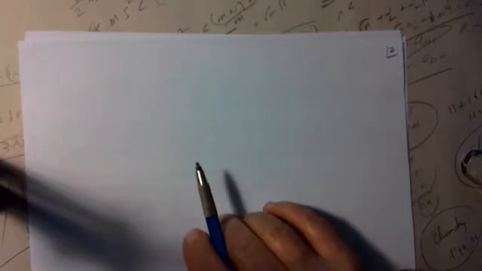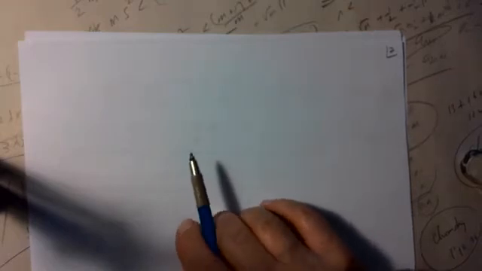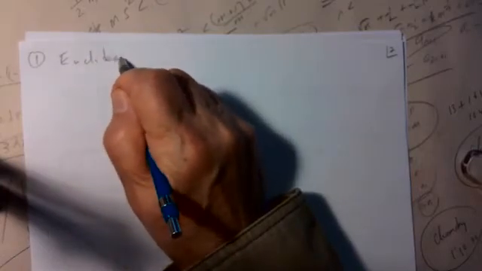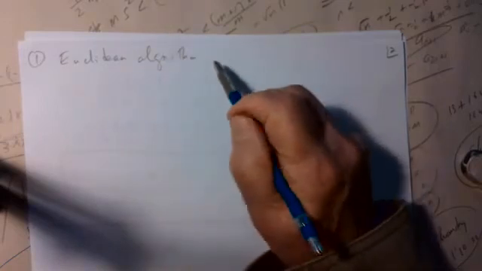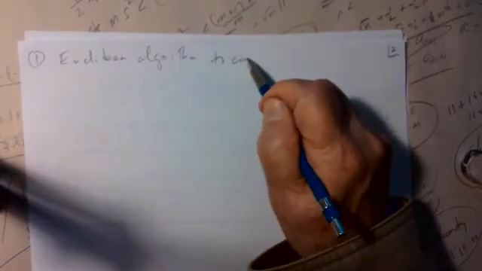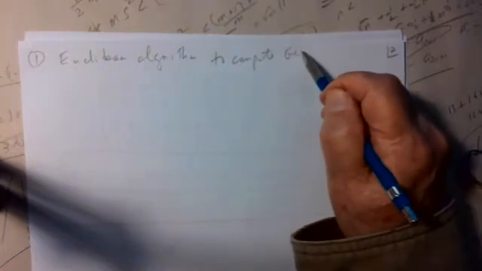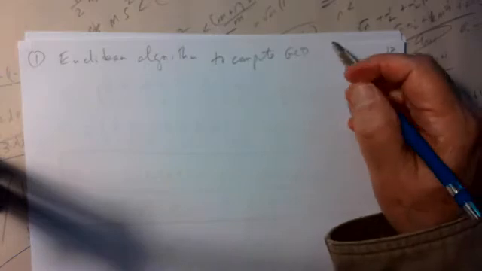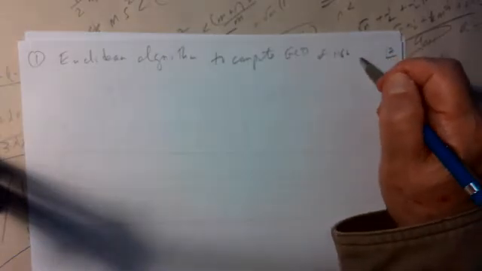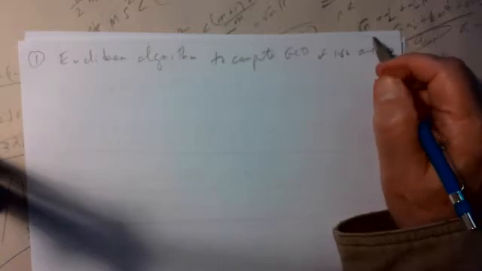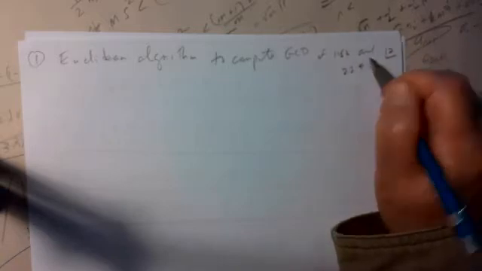Let's look at problem 1. This is to use the Euclidean algorithm to compute the greatest common divisor, the GCD, of 1162 and 2241.